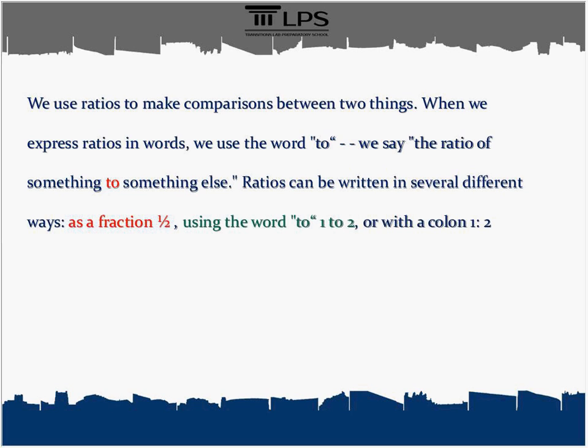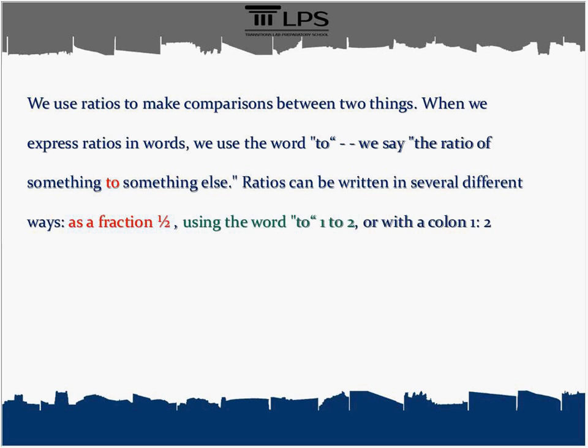In words, we use the word "to". We say something to something else. It can be written in different ways: as a fraction, so I can write it as 1 by 2, or as 1 to 2, or I can even use a colon, so 1 is to 2. I know students are familiar with this idea of ratios and how ratios are written.